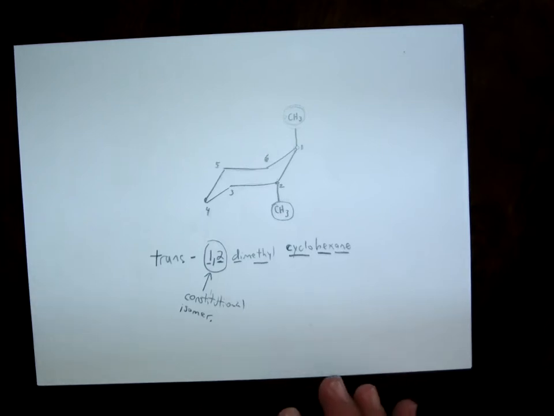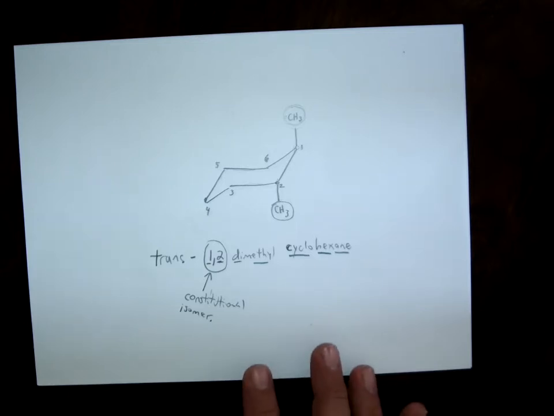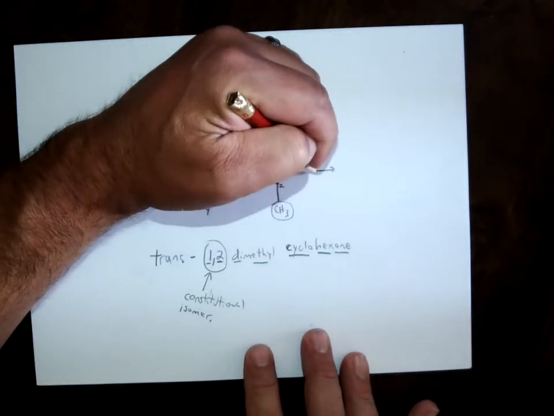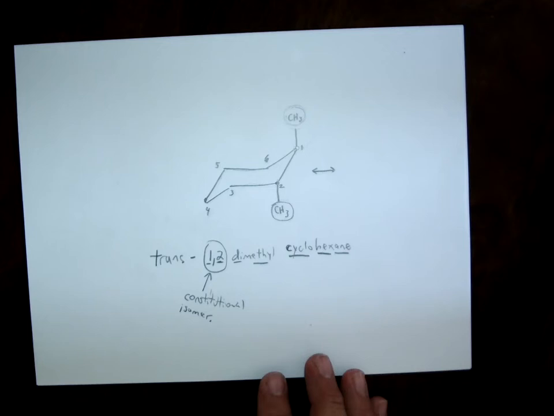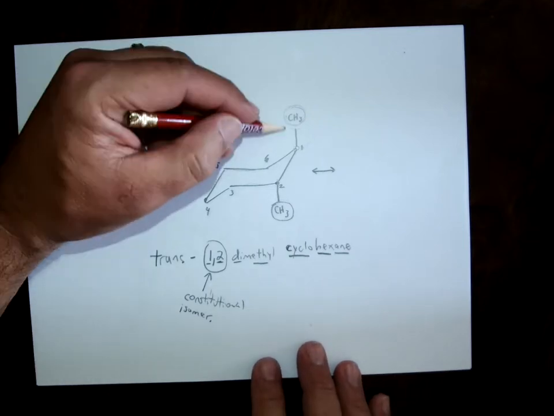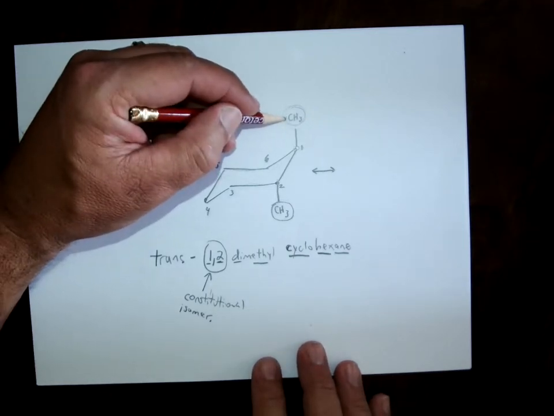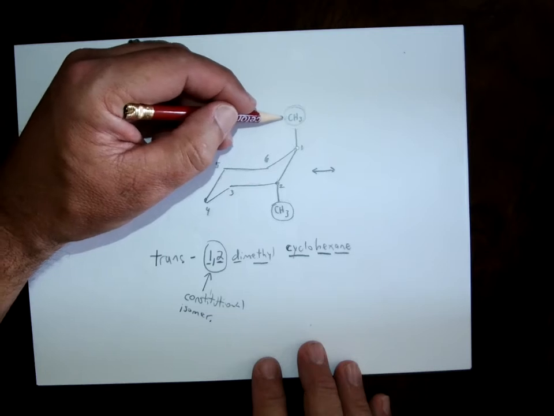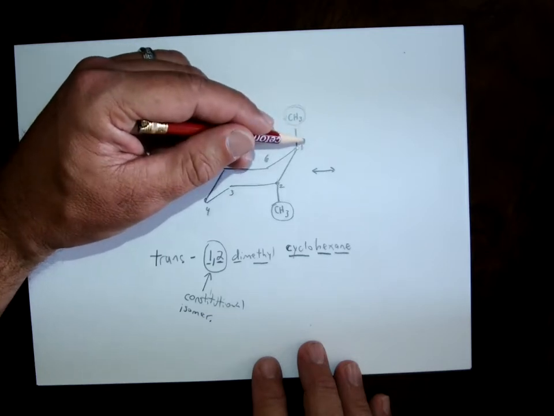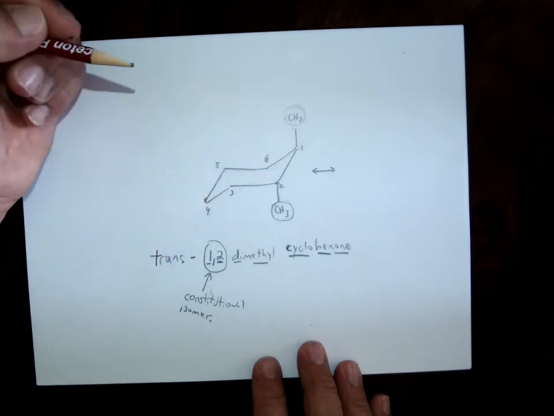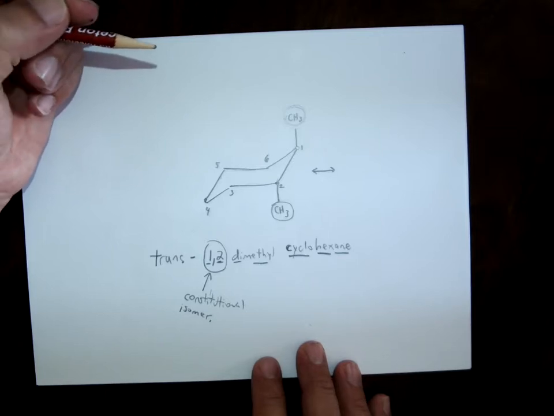Now where the conformational isomers come in is that because of rotations around single bonds, the axial position can move to an equatorial position, and the equatorial positions can move into axial positions.